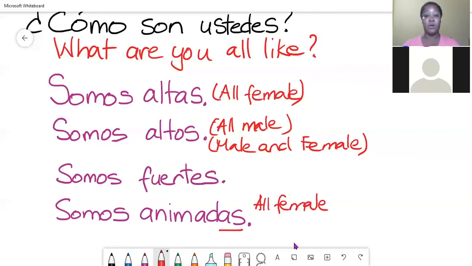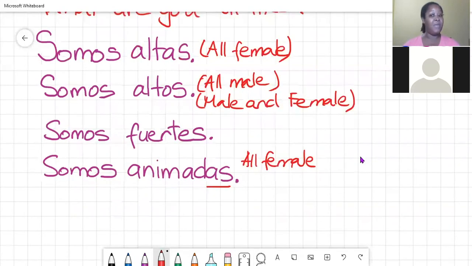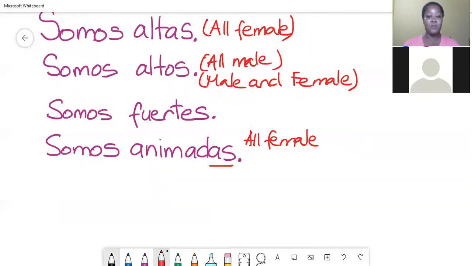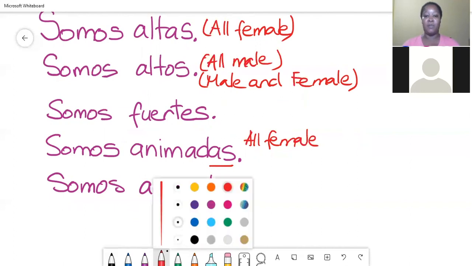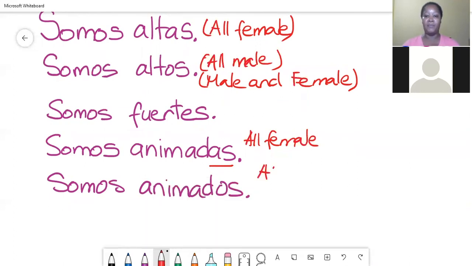If this were all males or a combination of males and females, it would be somos animados. This would be for all male or male and female combined.